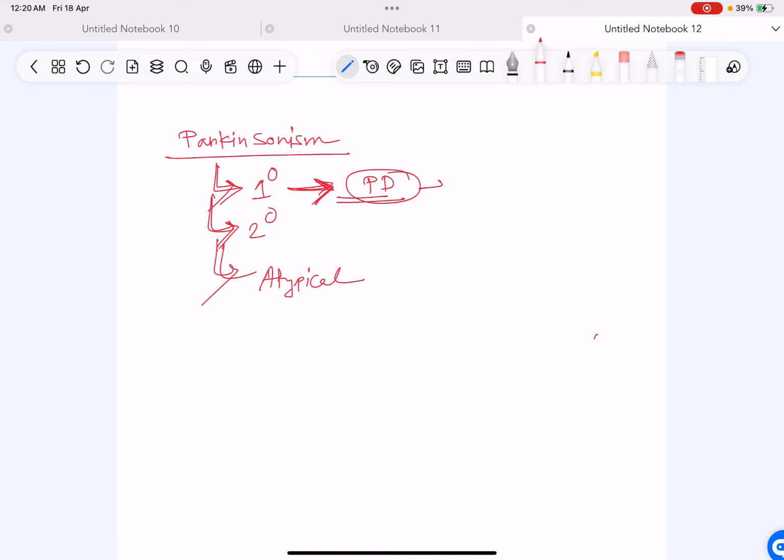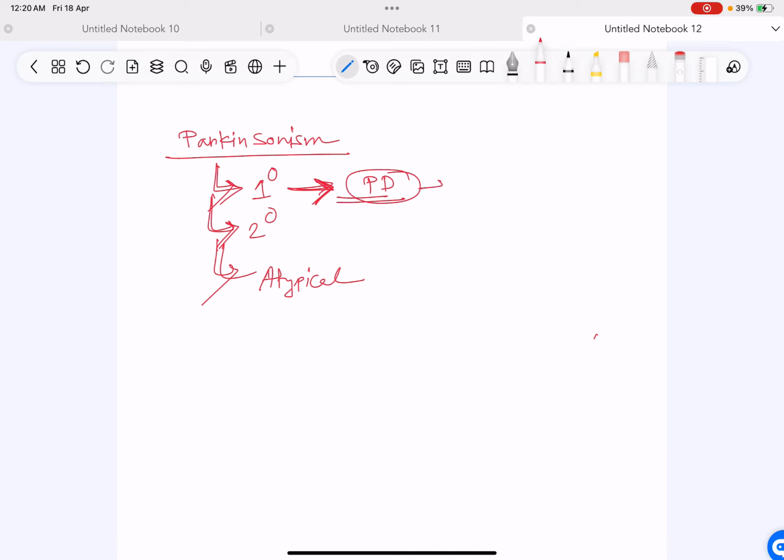Question number 3: which Parkinson plus syndrome is most commonly associated with early visual hallucinations and fluctuating cognition?